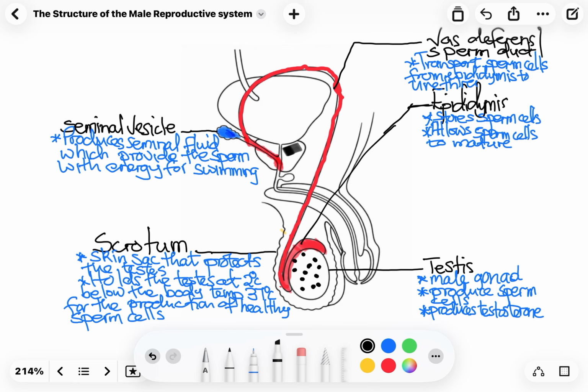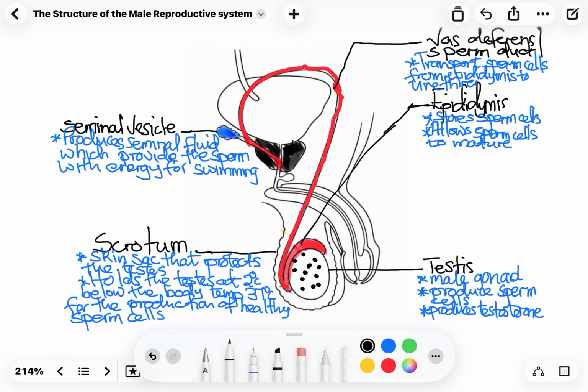That fluid is added by this gland. Let's identify the gland. This gland is called the prostate gland.